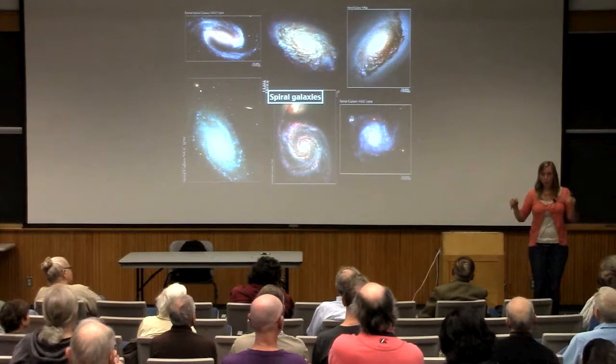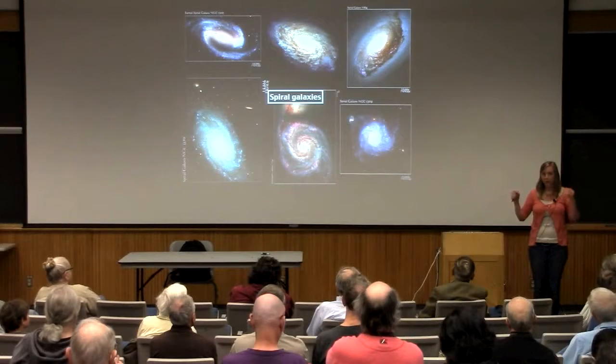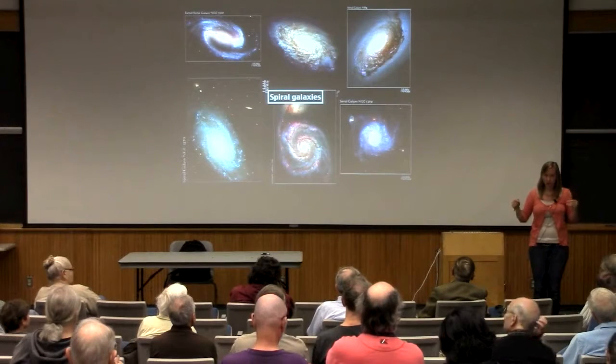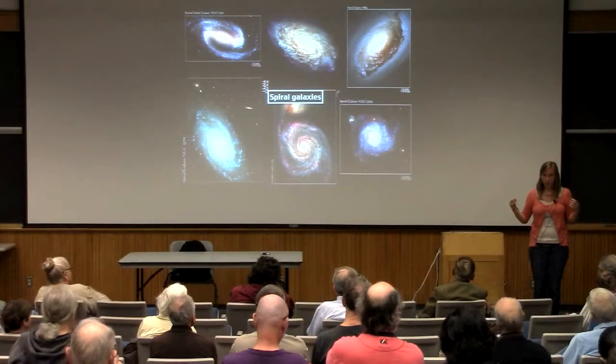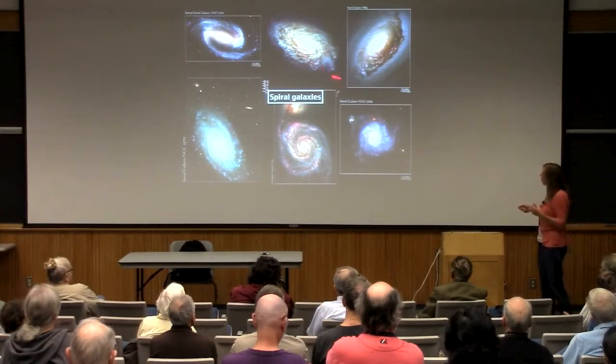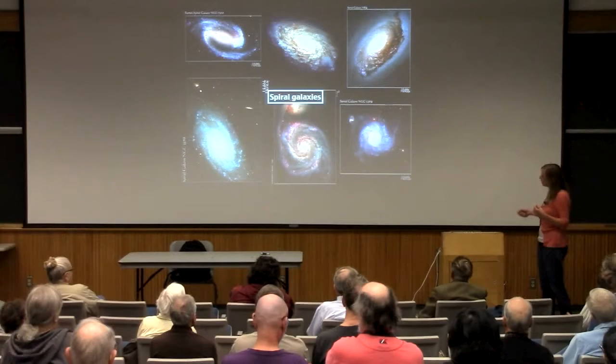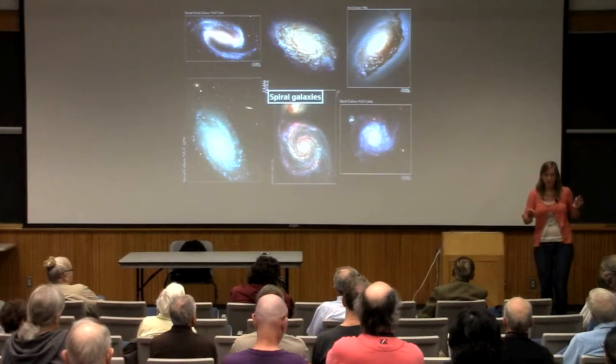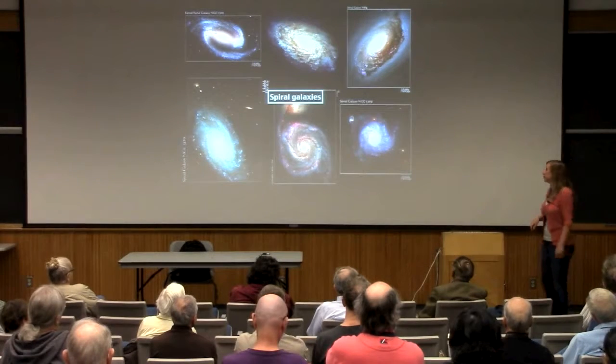So a galaxy that's older will be redder, and a galaxy that's younger or has new stars being formed is much bluer. And that's why it also looks not very smooth, but you see a lot of brighter pieces. That's where there are lots of new young stars being formed.